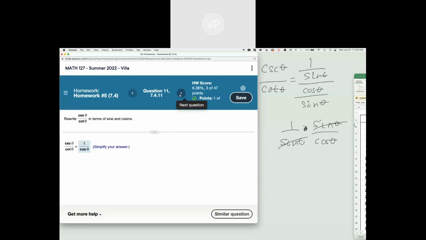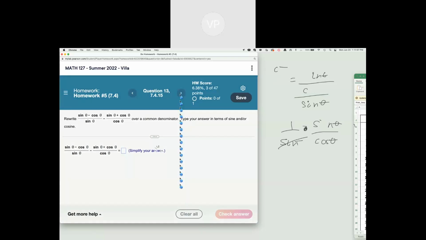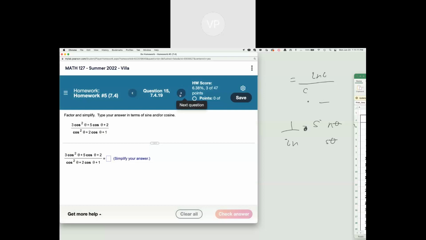Okay? So let's go with number 15. Okay, so they want us to factor and simplify. Notice we're not proving identities here in these first few homework problems. We're just trying to rewrite these a little bit, see what we can get. So factor it.